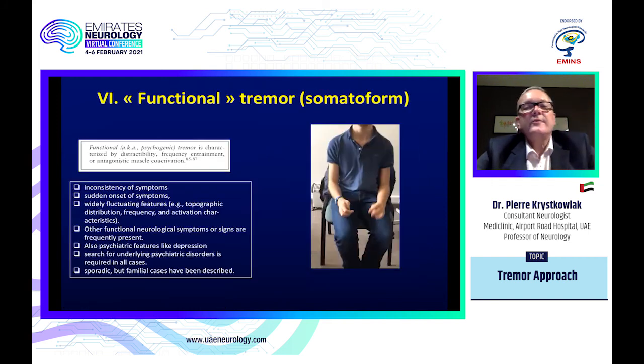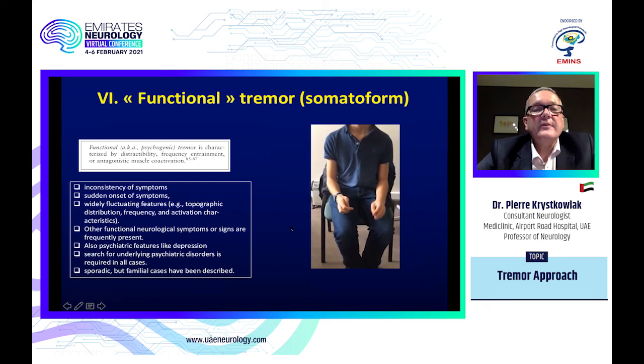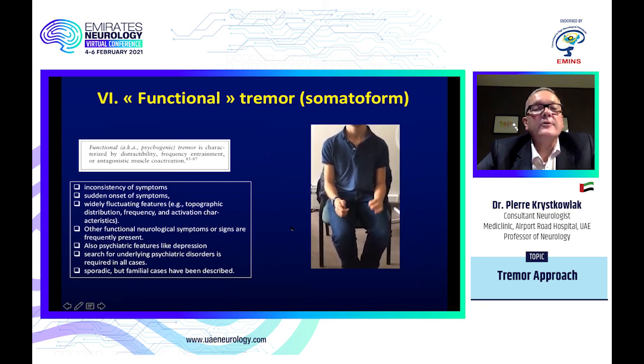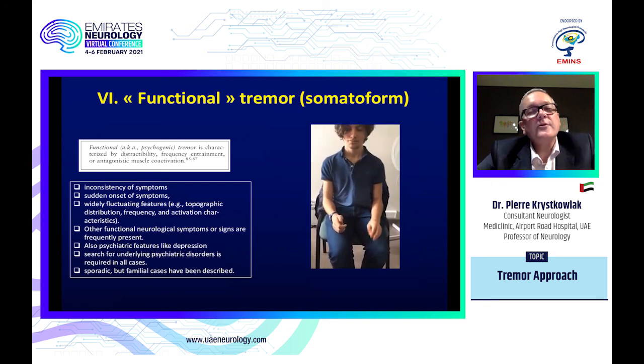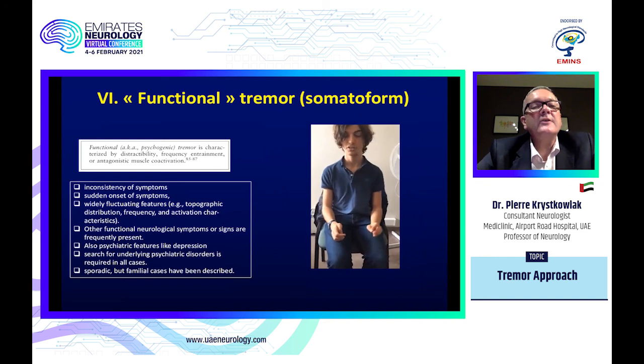And finally, you have the functional tremors, the somatoform tremor, which is characterized by distractibility, the very specific phenomenon of frequency entrainment, or you can also observe a less specific phenomenon, which is antagonistic muscle coactivation.